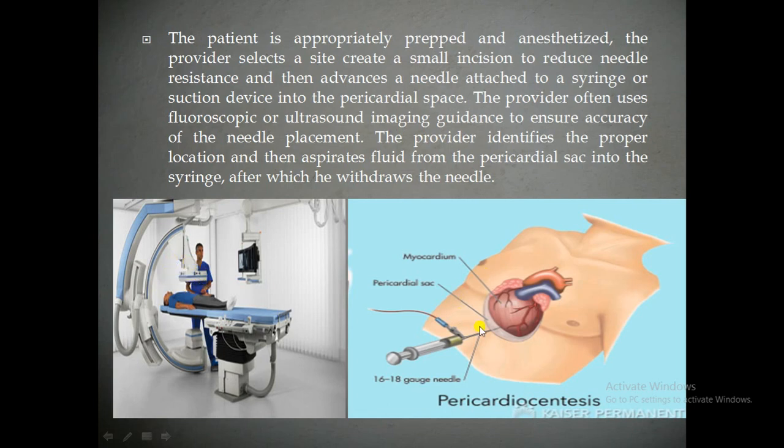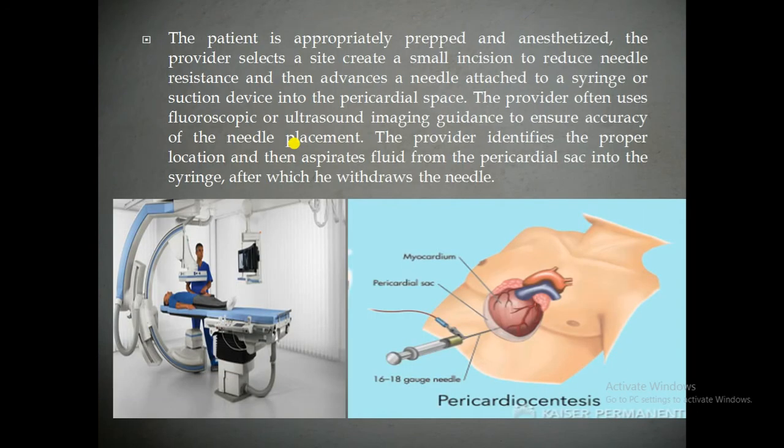After inserting the needle into the space, he will slowly aspirate the fluid, that is, remove the fluid from that sac, and the fluid enters into the syringe like this, and then slowly he will withdraw the needle from that place.